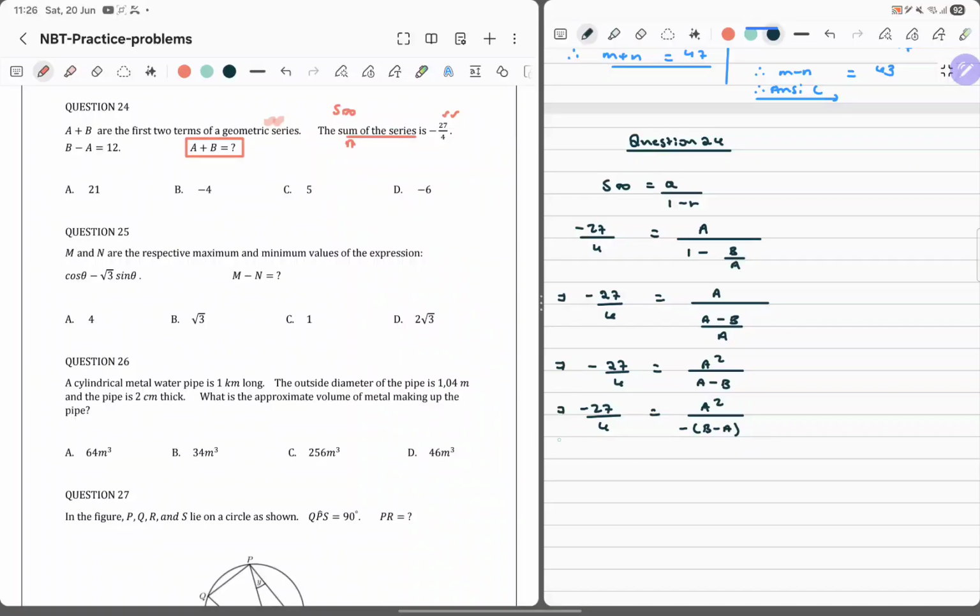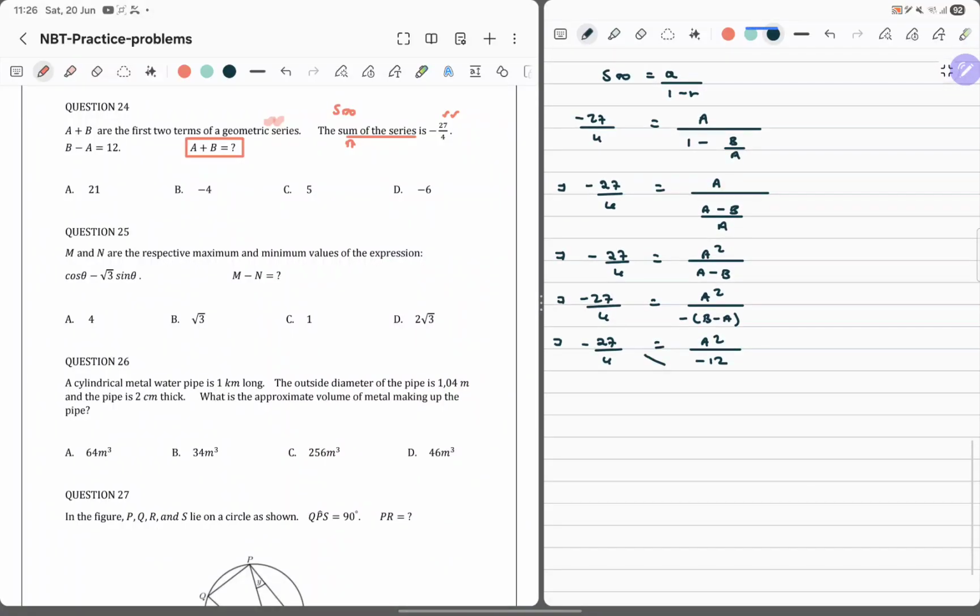Now this further tells us that 27 divided by 4 equals a squared all over minus 12, because b minus a is 12. So we can cross multiply here. Now this implies that a squared is going to be equal to, negative times negative is positive, 12 into 27 over 4.